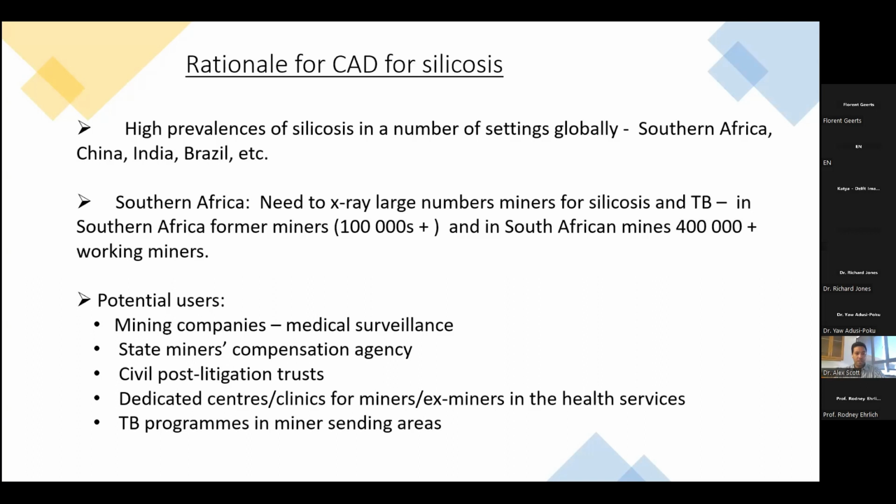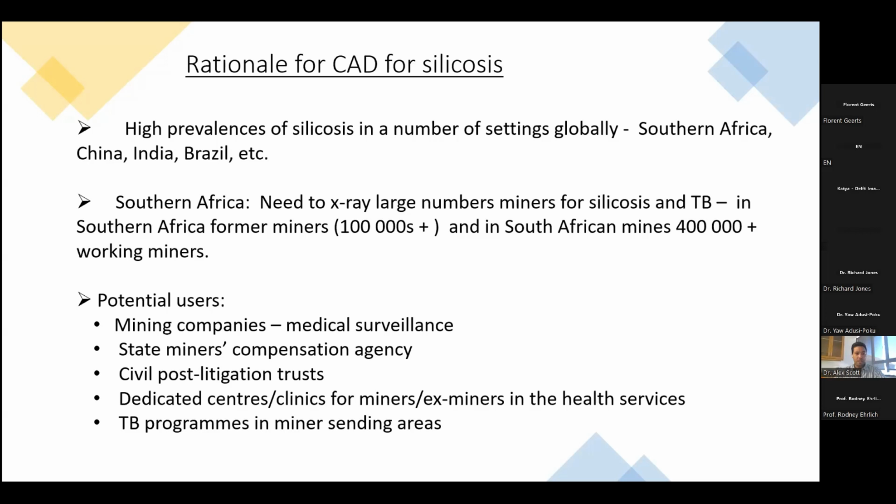The litigation led by attorneys has resulted in a number of awards and settlements which require the finding and examination of large numbers of miners who have worked on the South African gold mines, but many of them are not in South Africa. They're in Mozambique, Eswatini, Lesotho, Botswana, and some countries further north from the old days. But the South African gold mining industry itself has shrunk to about 90,000, but X-ray screening is in fact done in all the mines, and there are still about 400,000 working miners.